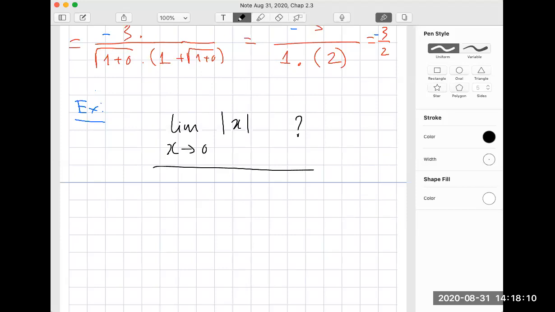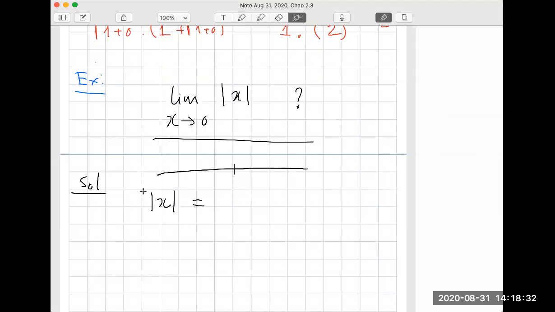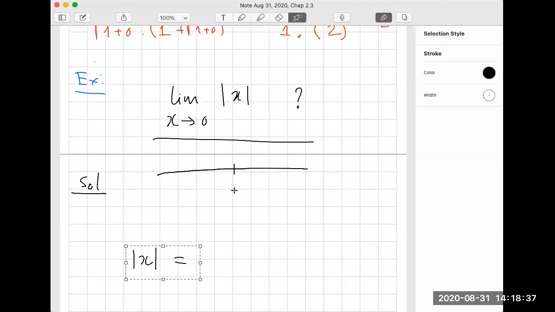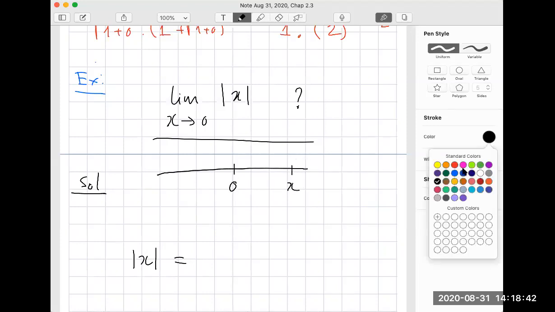So, by definition, the absolute function is defined this way. The absolute function will give us the distance from x to the origin of the real line. If the origin of the real line is here and x is here, then absolute value of x will give us this distance.